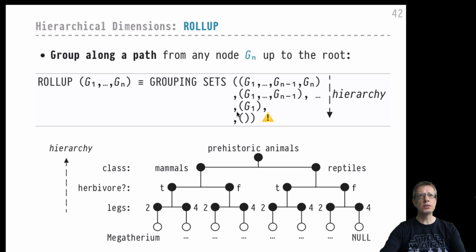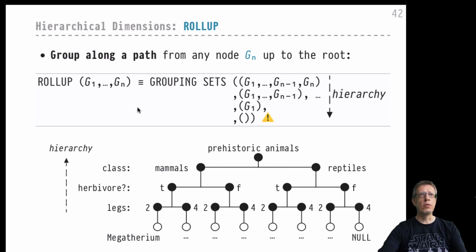So this is the root of the hierarchy. Grouping by the empty set means reproduce all the prehistoric animals, no matter any dimension. So everything will be thrown into one pot here. This is all the prehistoric animals. This is always the root of the classification hierarchy.